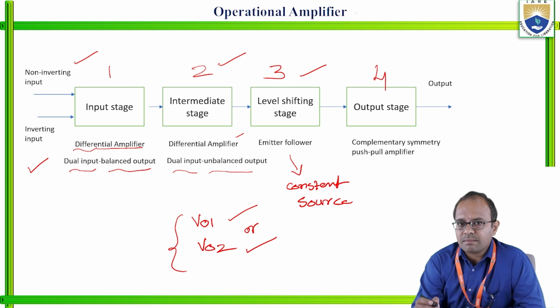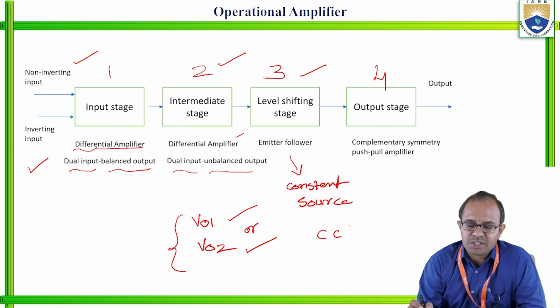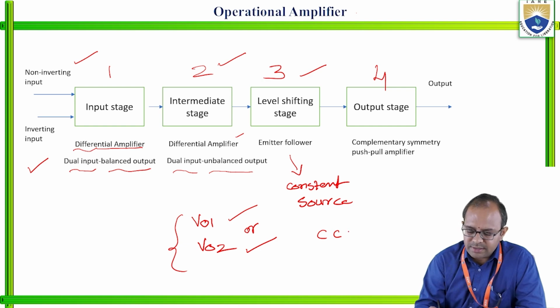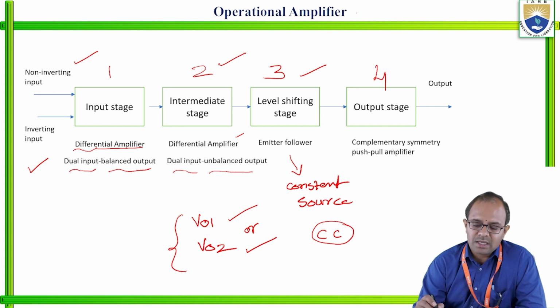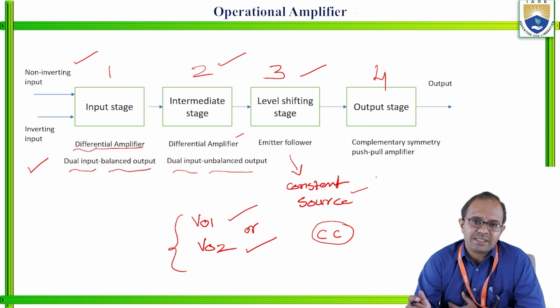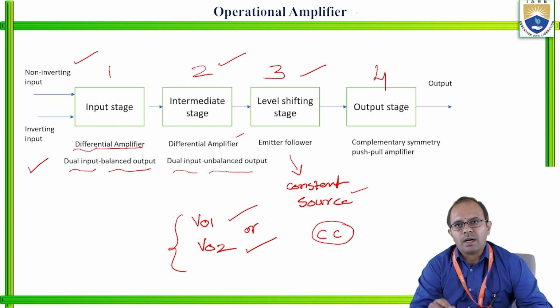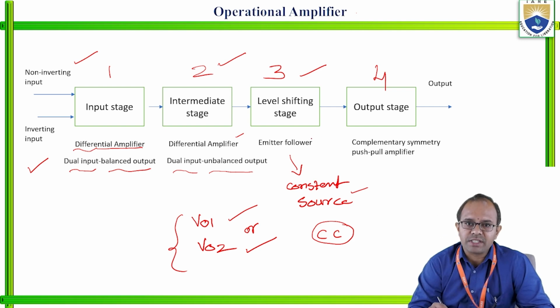Emitter follower is nothing but the common collector configuration, which is supposed to be considered as a constant current source. So these are the characteristics of the circuit which we consider under the level shifting stage.